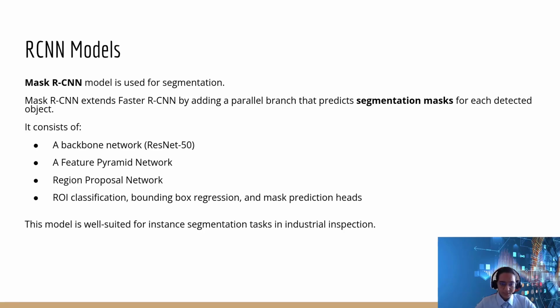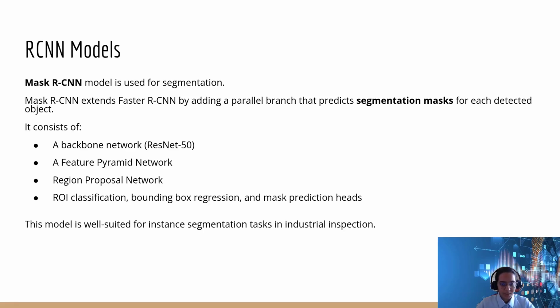So for instance segmentation, I used a Mask R-CNN model. This Mask R-CNN extends Faster R-CNN. So apart from just detecting the objects, detecting the bounding boxes and class labels, it also predicts a pixel level segmentation mask for each object. This model consists of a ResNet backbone network, which is used for feature extraction.